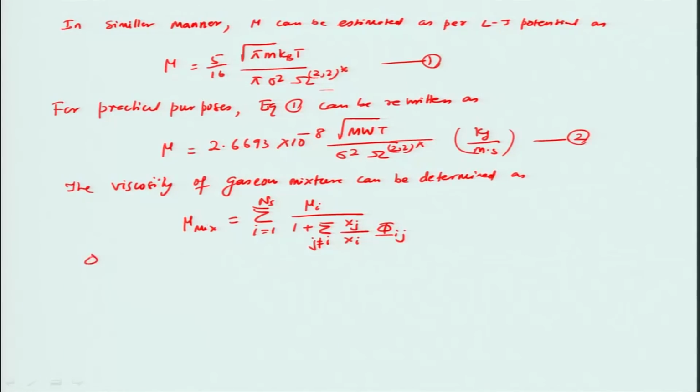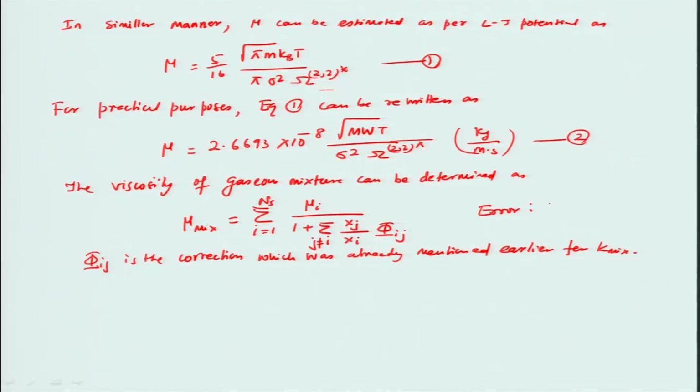It is the correction factor already mentioned earlier for the conductivity of the mixture. The same relationship can be used, and keep in mind that the error you will get is in the range of 5%, not exactly 5%.